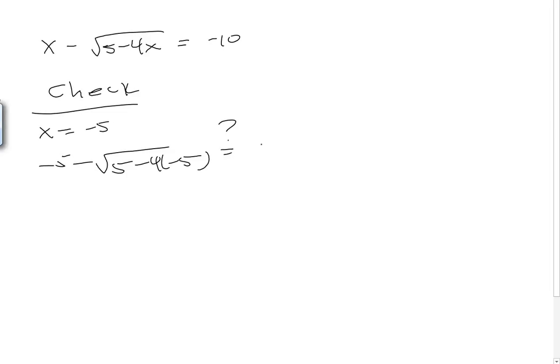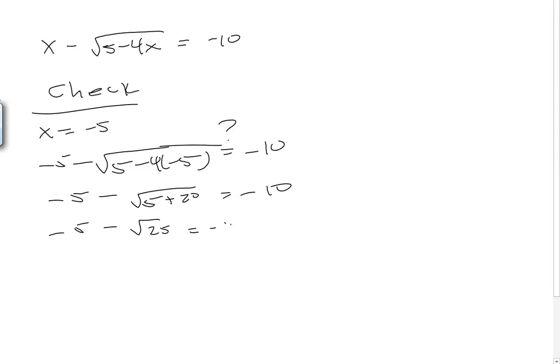Does that equal negative 10? Well, negative 5 minus the square root of 5 plus 20 does seem like it works, because negative 5 minus the square root of 25 is going to be negative 10. The square root of 25 is 5, which gives me negative 10. It works.